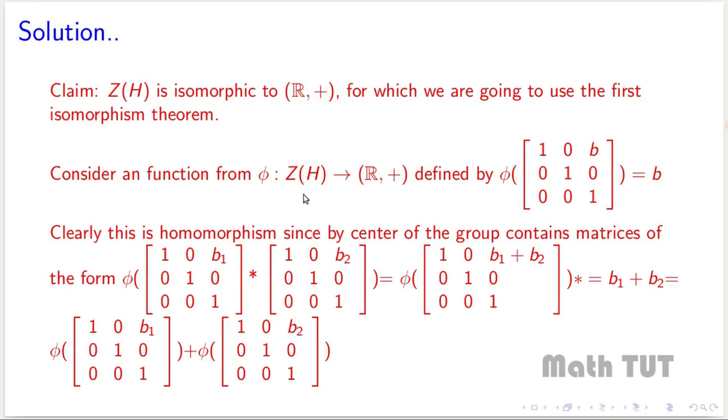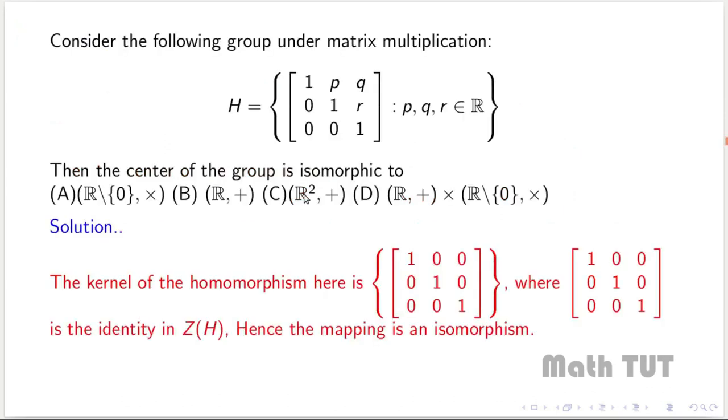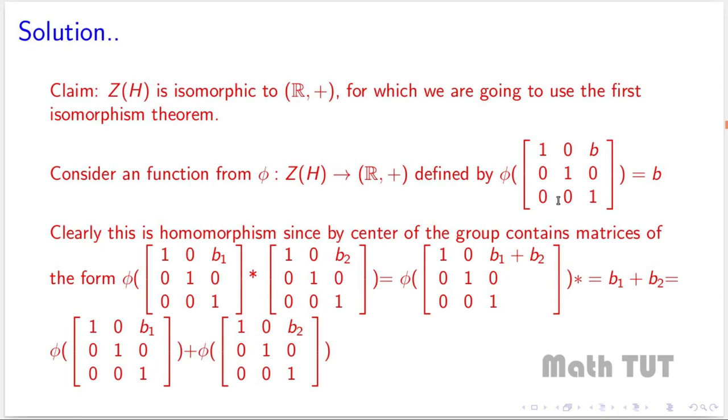So here you can see the kernel of the homomorphism is nothing but the set containing the identity matrix. Why is it? Because the kernel of a particular mapping is the set of all elements in the domain which are mapped onto the identity element in the codomain group. The identity element in this group is 0, because R plus is the set of real numbers with the operation addition.